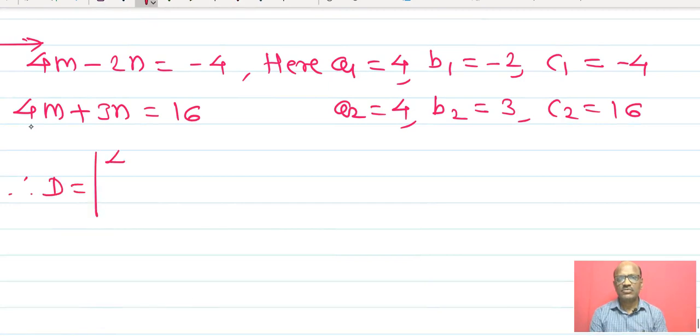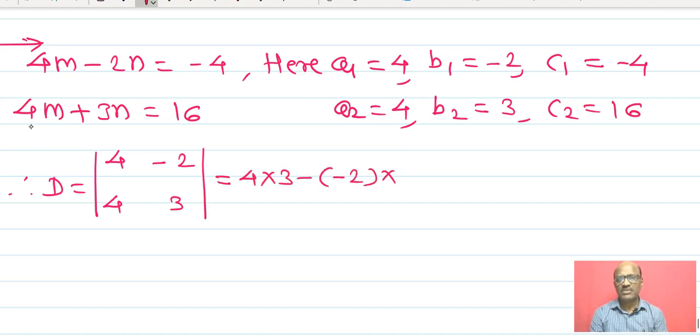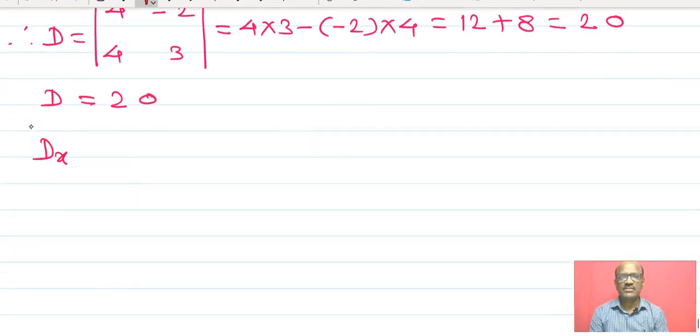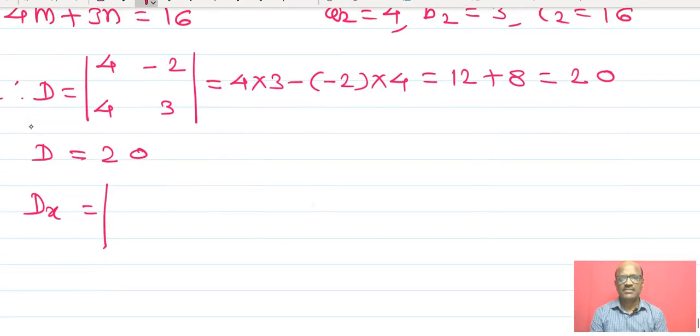D is equal to the determinant of 4, minus 2, 4, 3. This example is repeated. I had written this 2 times. Therefore D is 20. Next, Dx.